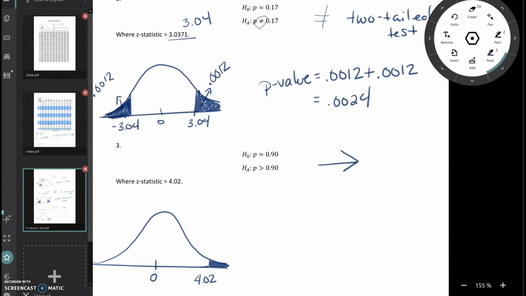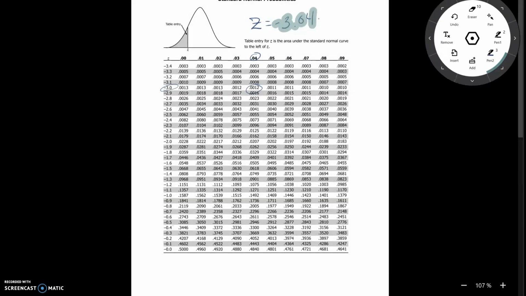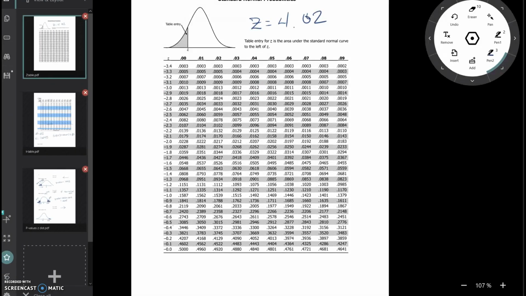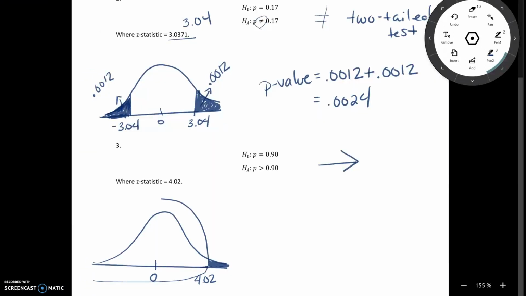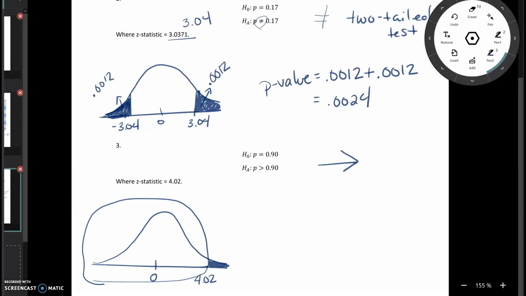Going over to my standard normal table, the z I'm interested in is 4.02. Remember that the standard normal table is always going to give you the area to the left of the value. When I look this value up, it's going to give me all of this area, so I'll have to do 1 minus to find the area that I want.